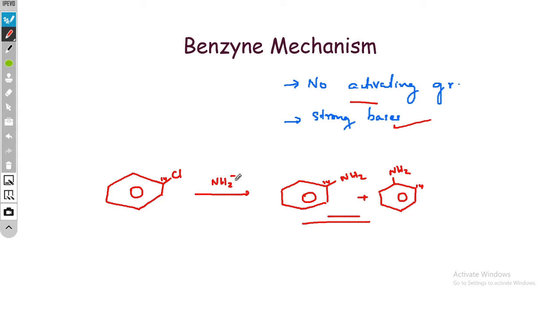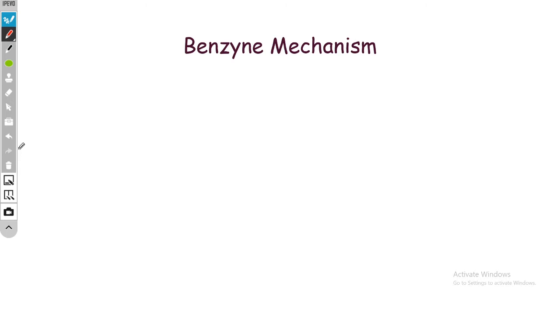So let us come to the mechanism. The mechanism can be explained by the fact that it involves elimination followed by addition. This reaction occurs in two steps. The first step is elimination.